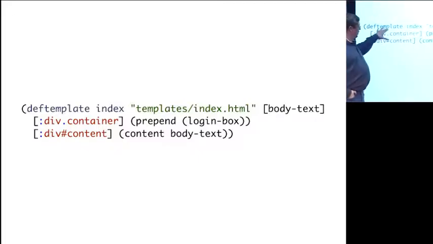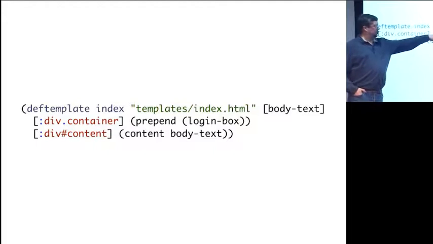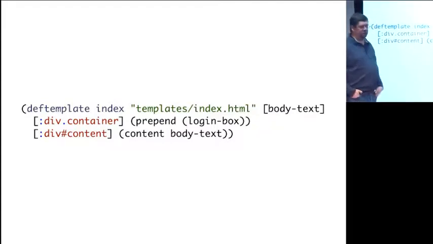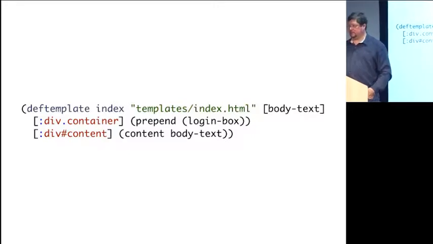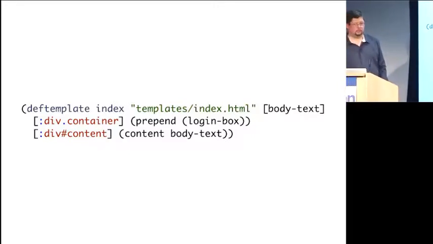The transformation function defined in this template function is multiple pairs of patterns and actions. And the patterns are a sort of Clojure-ish representation of CSS selector syntax.